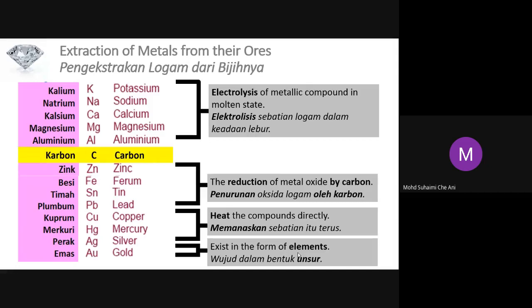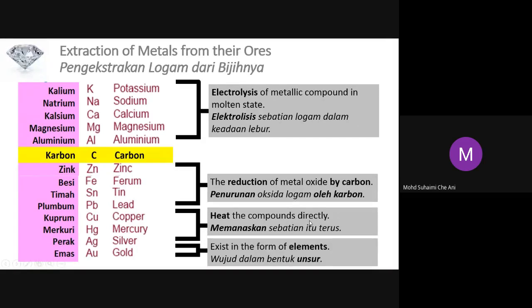We don't need to extract because it already exists in the form of elements. Just one element alone there, for gold, silver, platinum, and mercury also. So it is easy. You just need to mine, lombong, find them, and then do some cleaning up a little bit to get the metals ready. But for others you need another method, such as electrolysis, reduction by carbon, and heating.